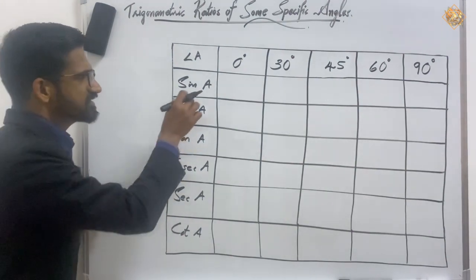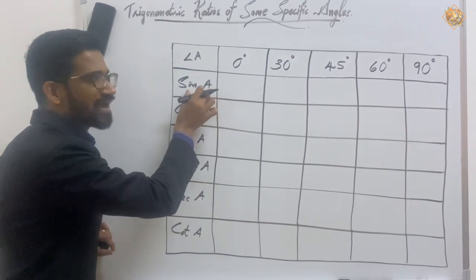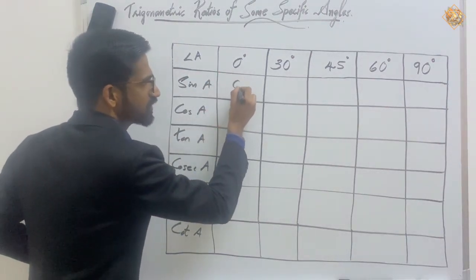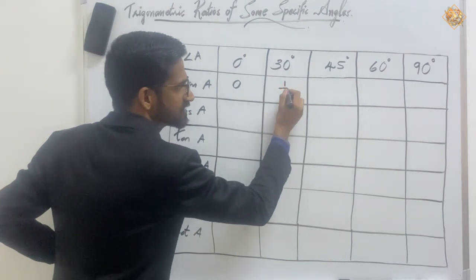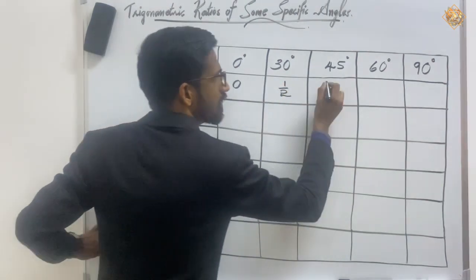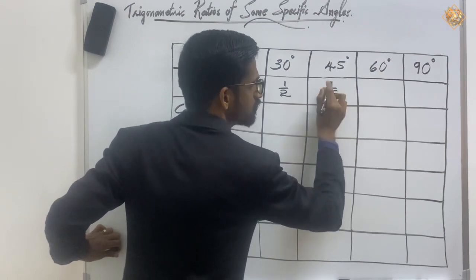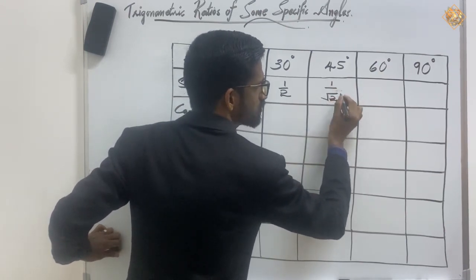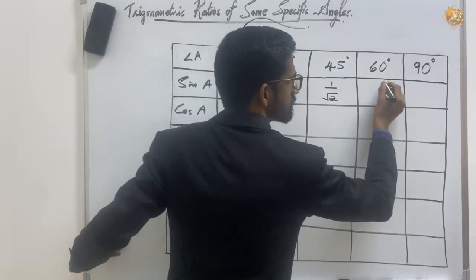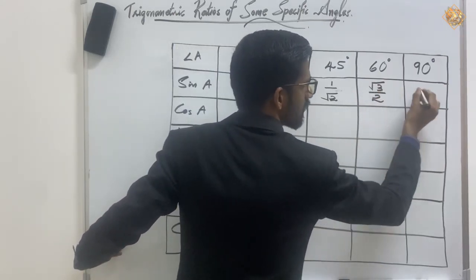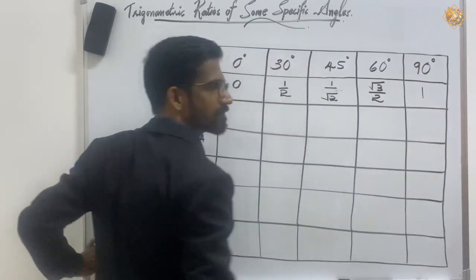So first we will learn the values of sine A. Sine 0 is 0, sine 30 is 1 by 2, sine 45 is 1 by root 2, sine 60 is root 3 by 2, and sine 90 is 1.